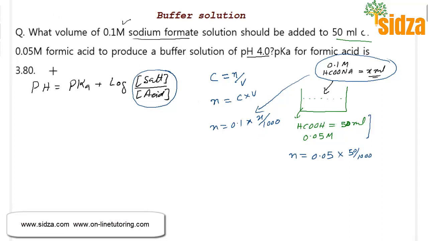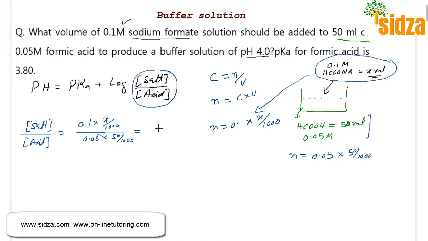So that means the concentration of the salt by the acid will be, the salt is 0.1 into X by 1000, and the acid is 0.05 into 50 by 1000, right?